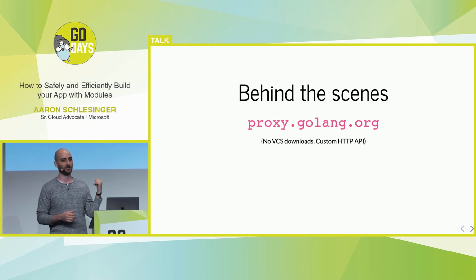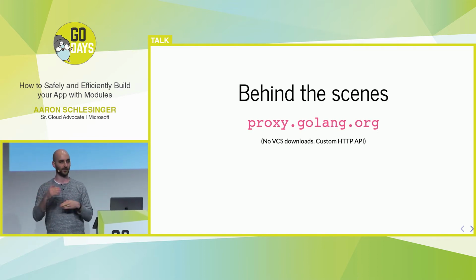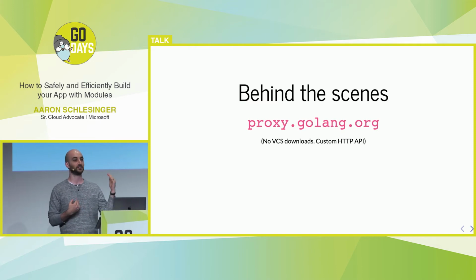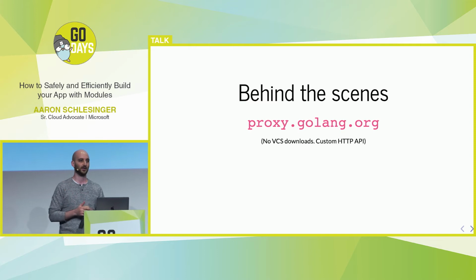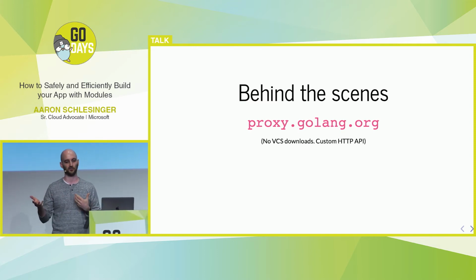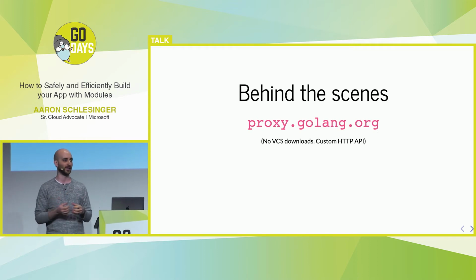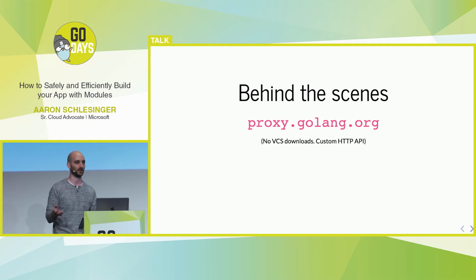That is an HTTPS server that implements seven REST APIs, 4 of which are very important. Those REST APIs essentially serve up metadata about a specific module at a specific version, and then a zip file that has the module's source code in it.